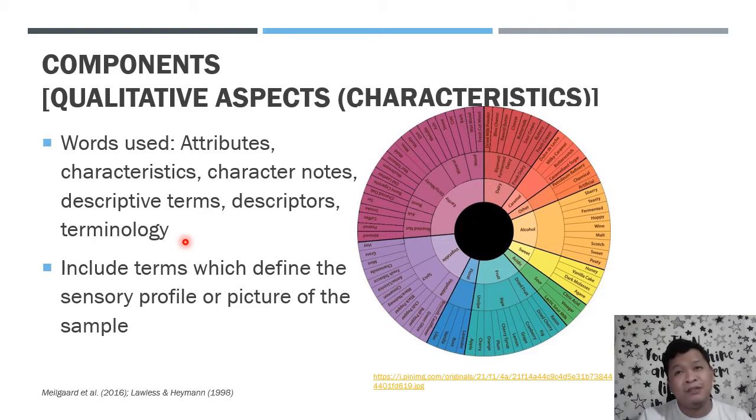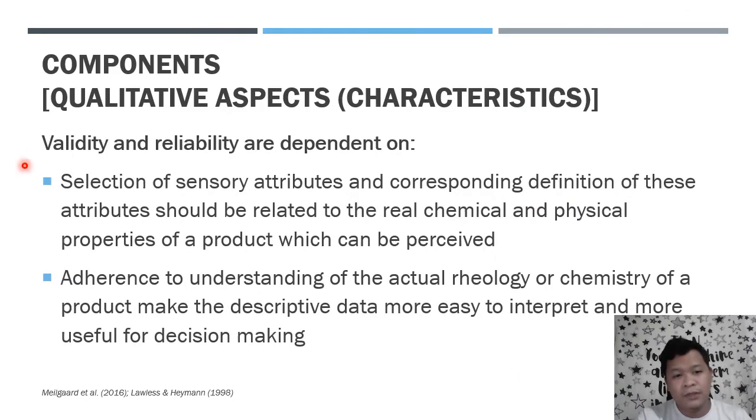Like for example, if you're doing chocolate peanut bars, hindi ka naman maglalagay doon ng something related to spice or something related to fruity banana notes if you don't expect to find that in the brands that you are analyzing. Yeah, in that regard, you should select the definitions ng mga tsaka yung mga terms mo depending on what the existing product characteristics are.